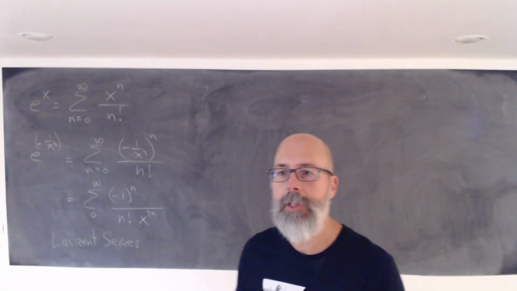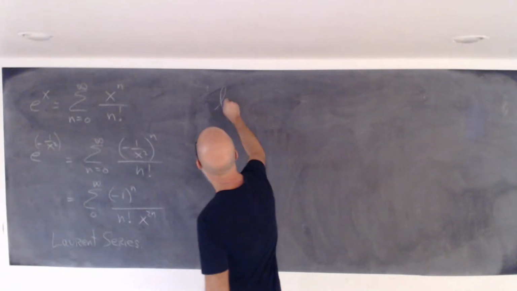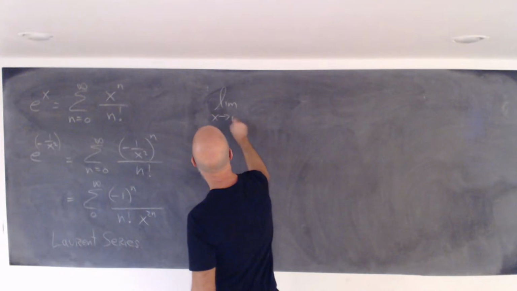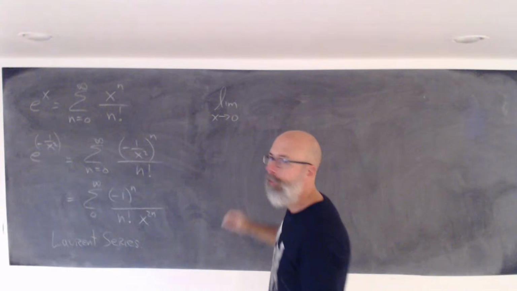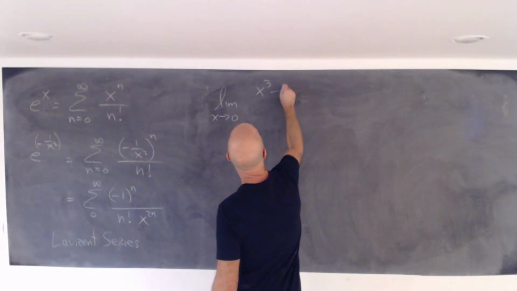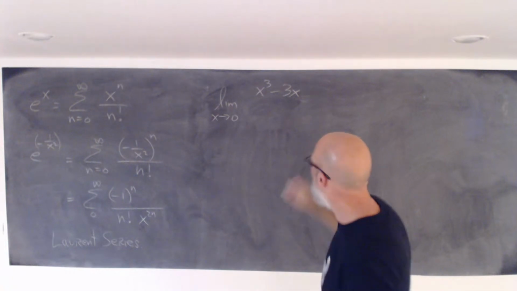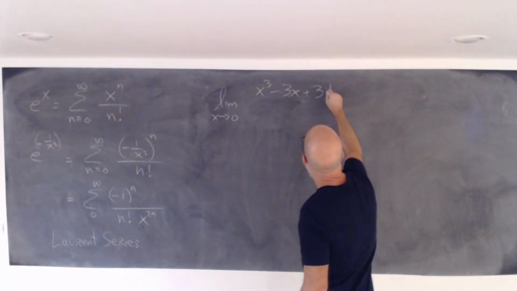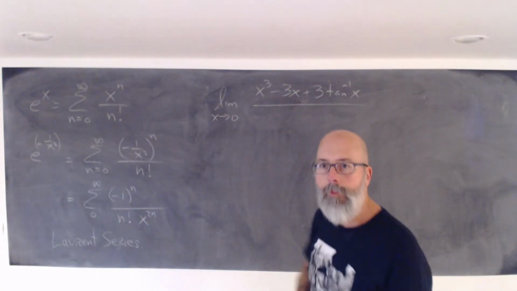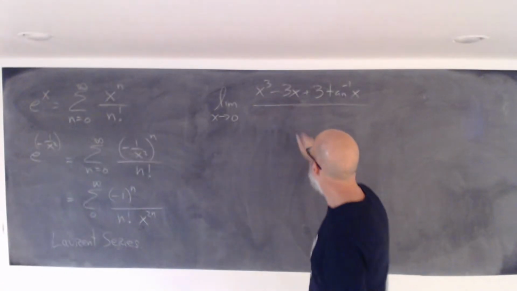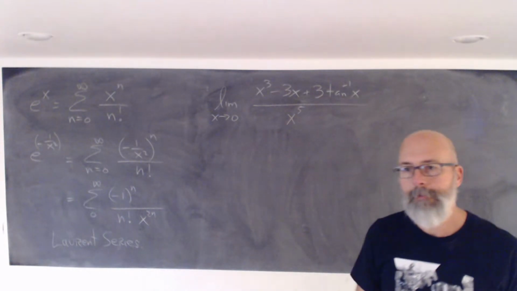Anna Maria is asking us to use series to evaluate a limit. I was going to do an example of that anyway, so let's do this one. It's a nice exercise.